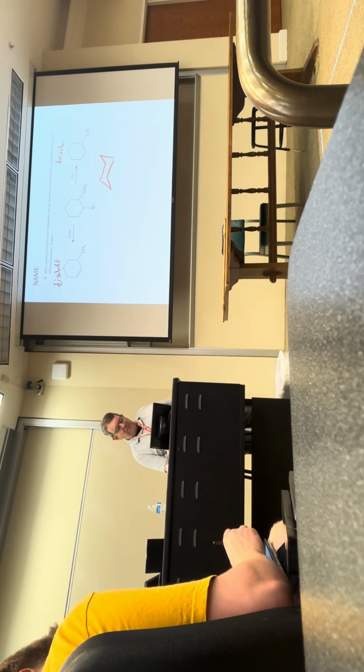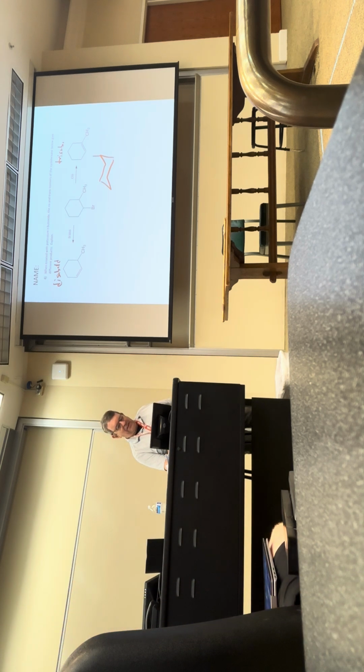Now, drawing this can be simplified by the fact that when it eliminates, the bromine is going to be axial, because to be in the right geometry to eliminate it is going to have to be axial, and the hydrogen is axial on the next carbon over.